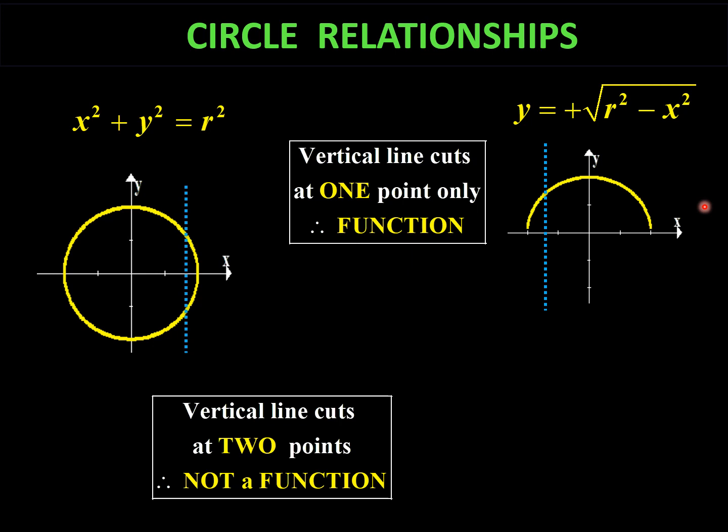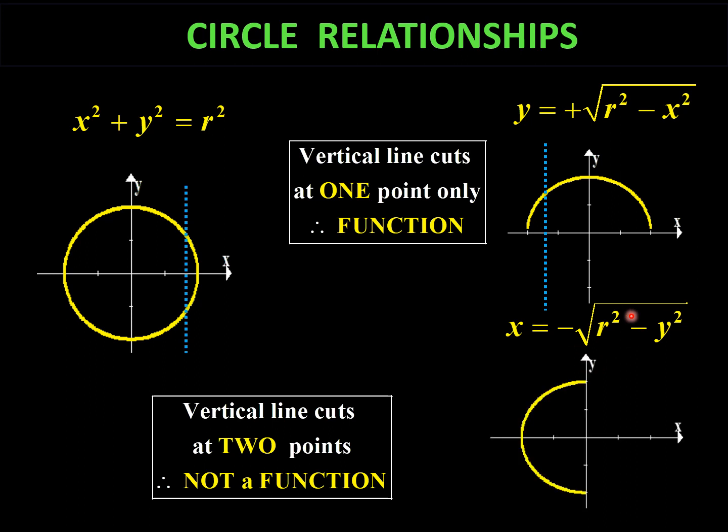But instead of taking the top or the bottom, let's take this version here. x equal to negative the square root. And this is the left side of the circle. Right? And here the x values are negative. Let's apply the vertical line. And you see in the case of the vertical line there, that shows it cuts more than once.